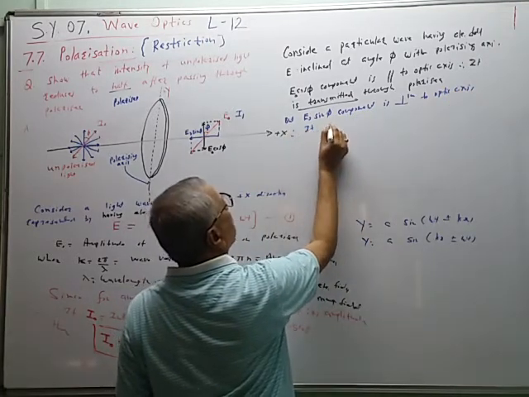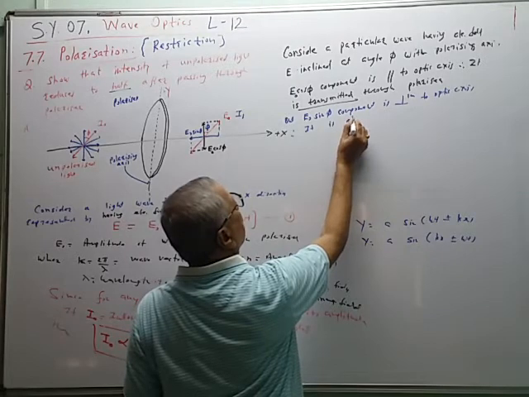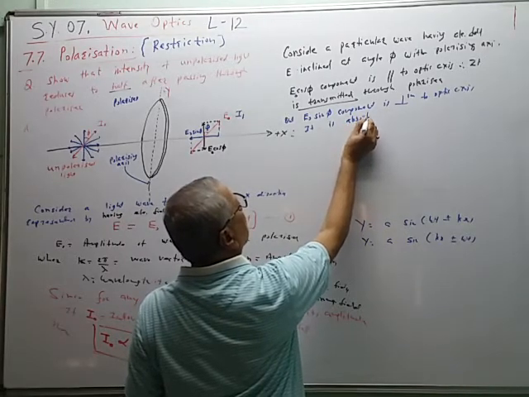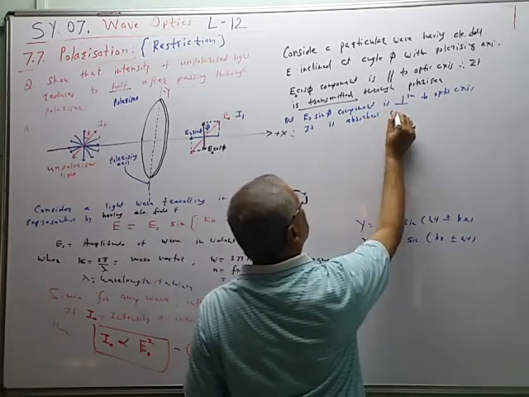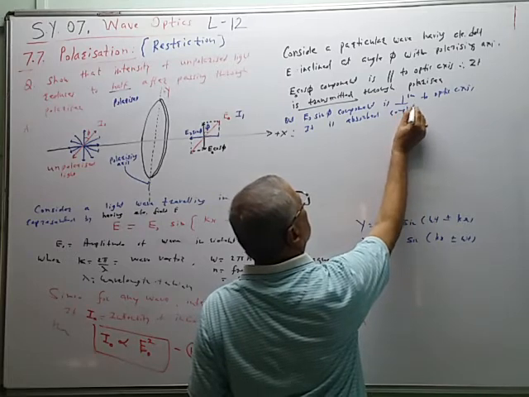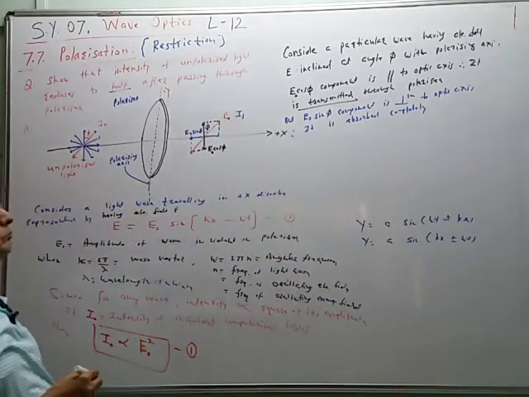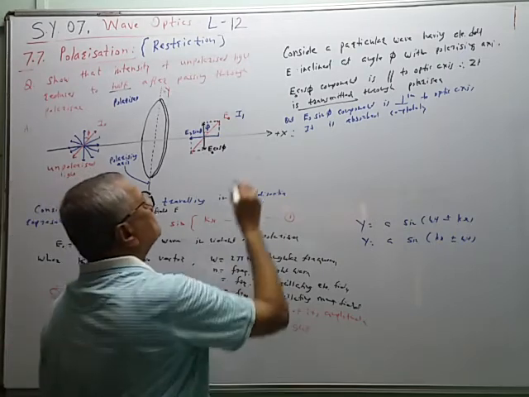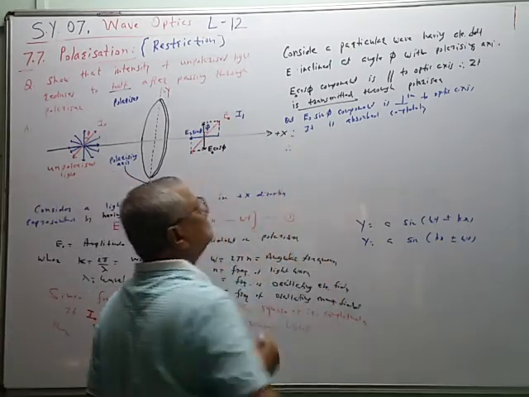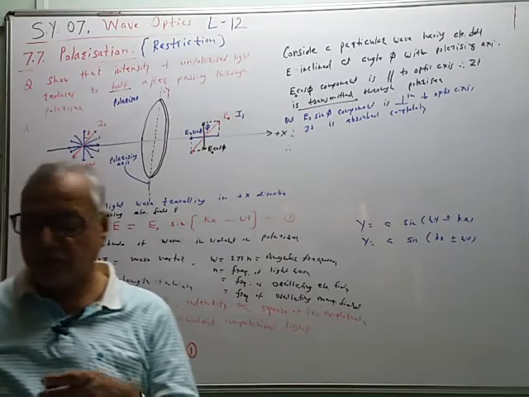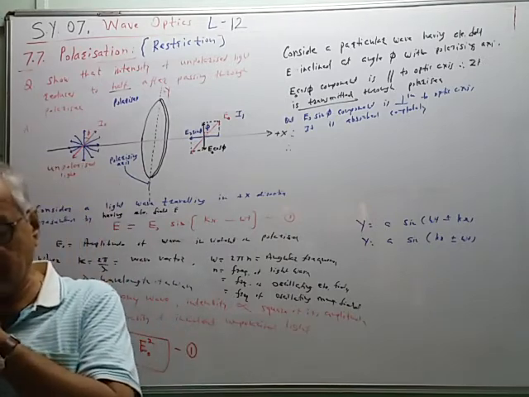Therefore, it is absorbed completely, and only E0 cos phi is passing through this.